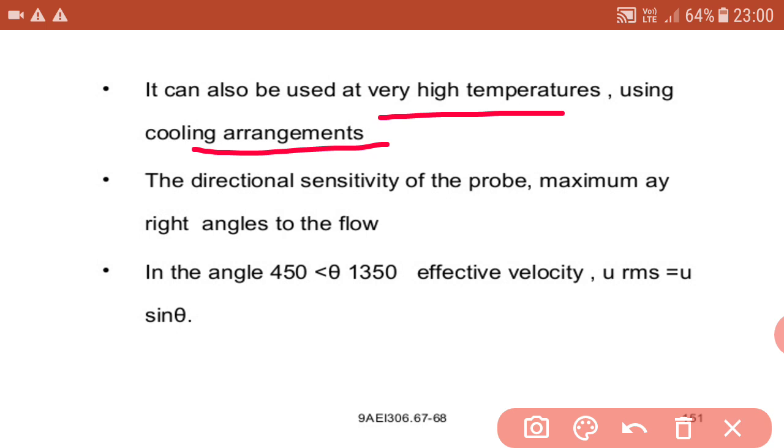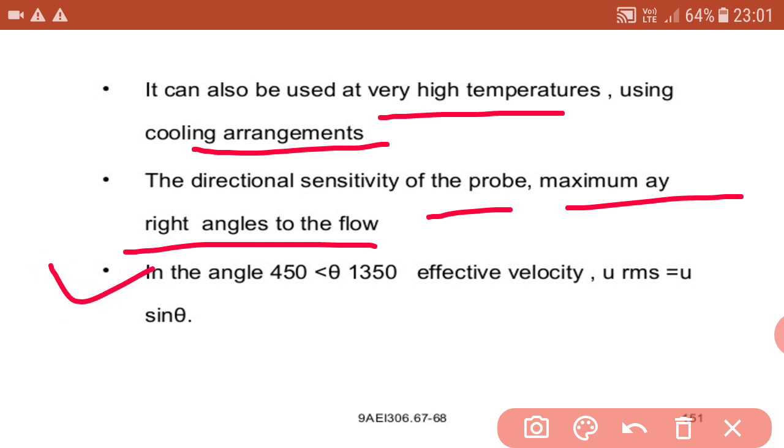The directional sensitivity of the probe will be maximum at right angles to the flow.